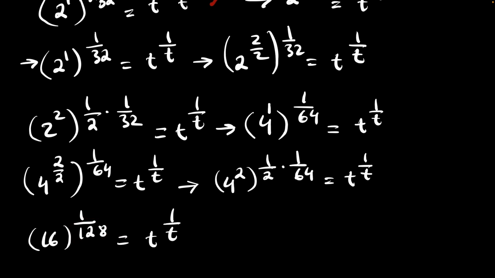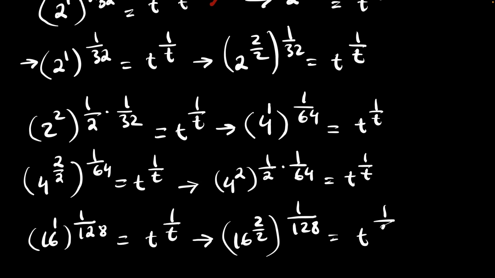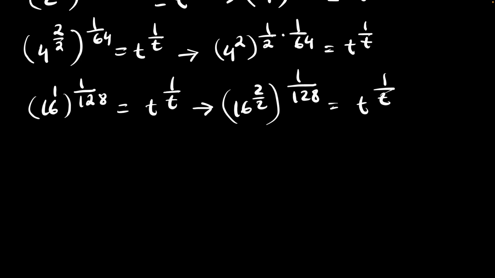Let's go and continue one more time. Here I have the power 1 over 128. Instead of 1, I can write 2 over 2 and 1 over 128, which is t to the 1 over t. So let's continue again.